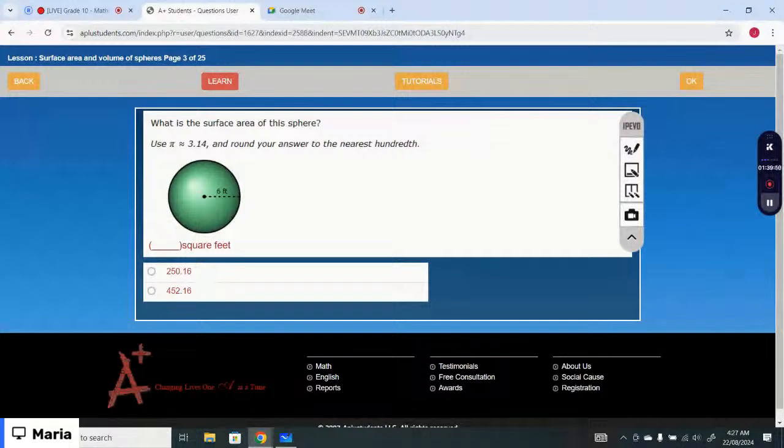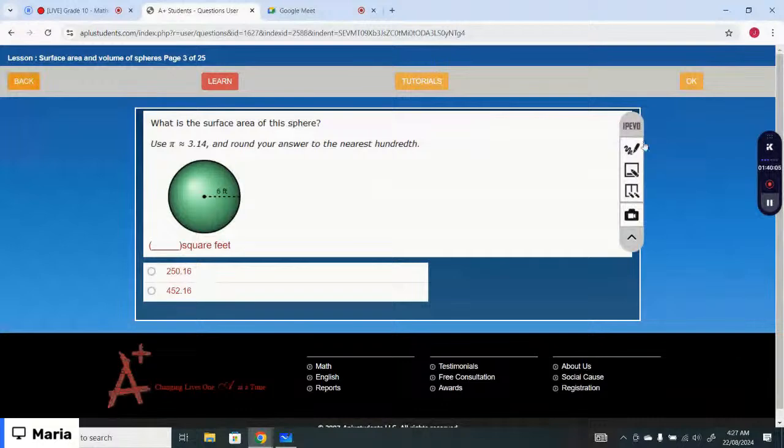Use the formula 4 pi r square. So the correct option is 252.16.